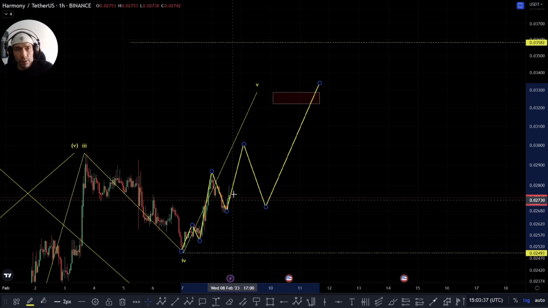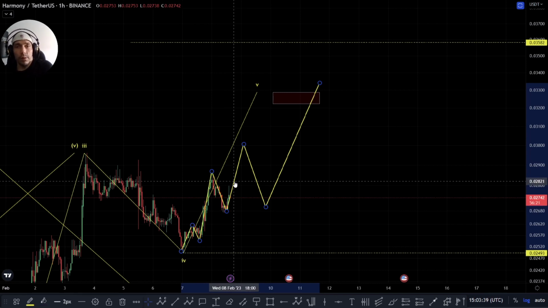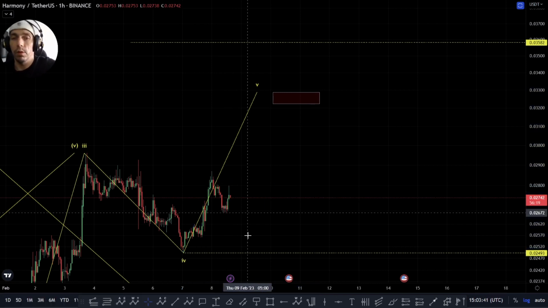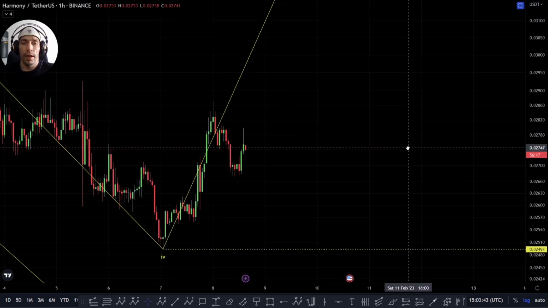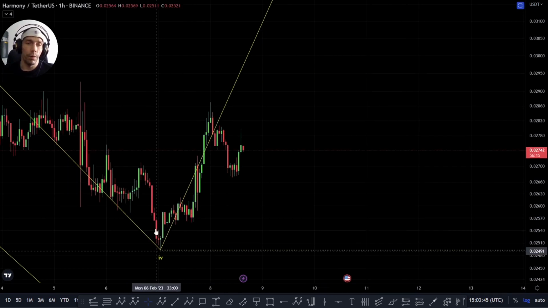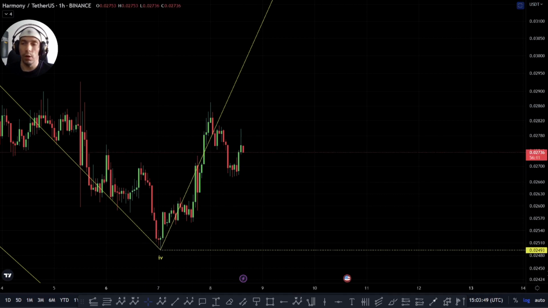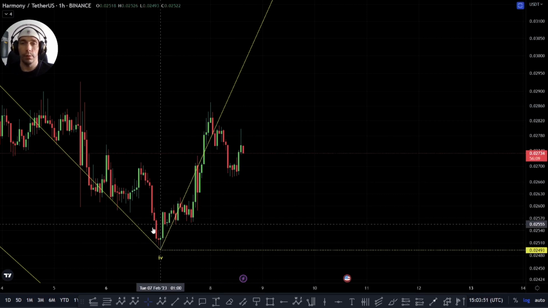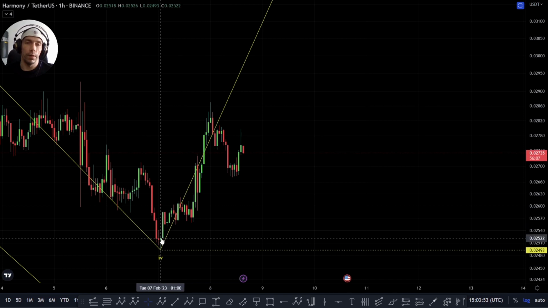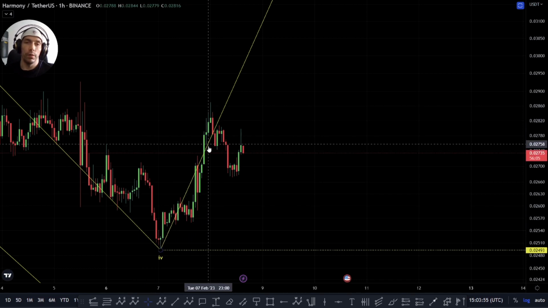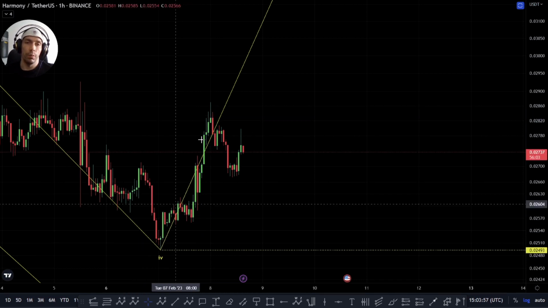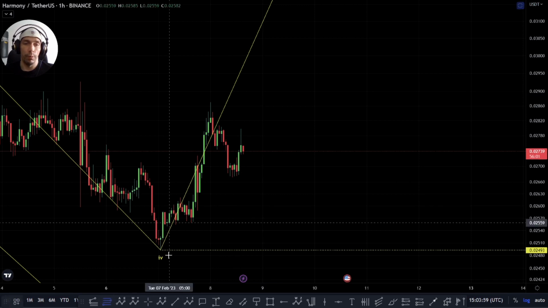Like I said, at the moment, the structure is not great for this, so it is making me think that rather we are actually in a corrective move, and we're going to look to break to the downside. However, for as long as we hold this 2493, we can potentially argue that we could look at this as a diagonal here, as a one, and then look for that wave two.